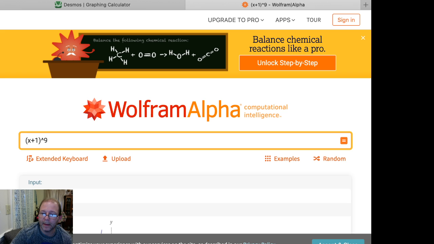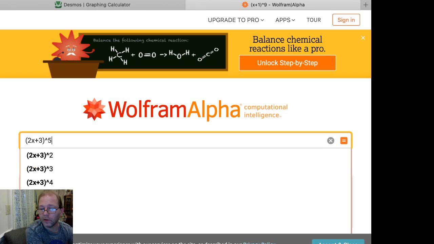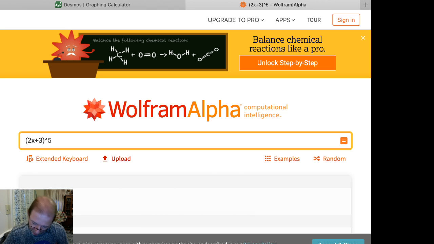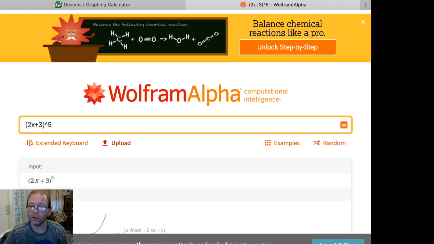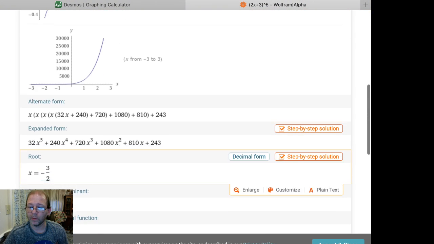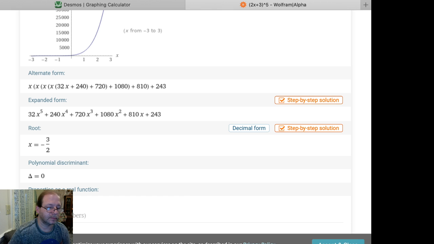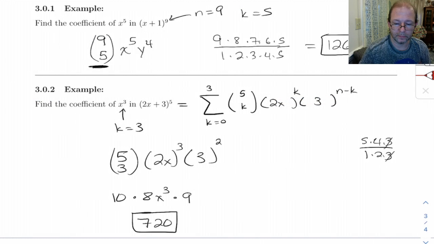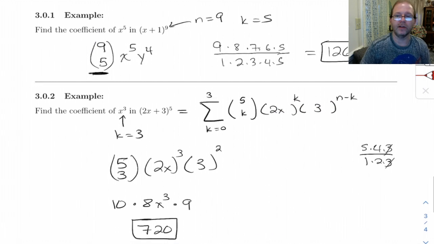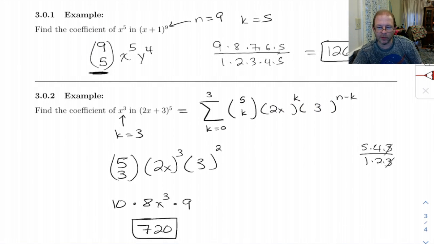It was (2x + 3) to the 5th, and we wanted the coefficient of x cubed. Come down here, and sure enough, the coefficient of x cubed is 720. All right. One more video, and we'll be done with this section.